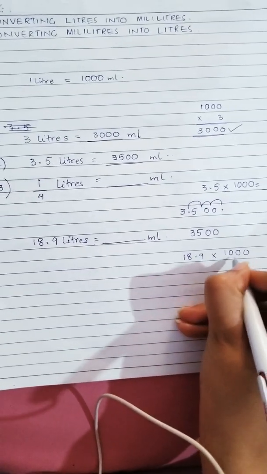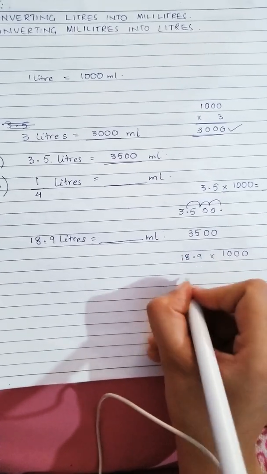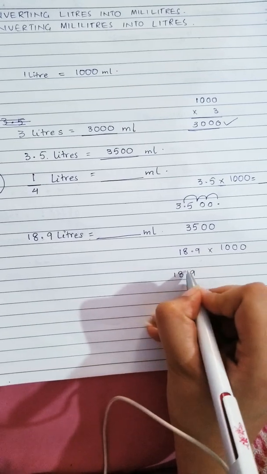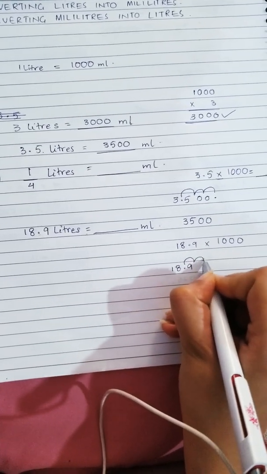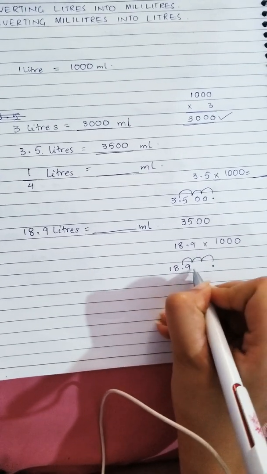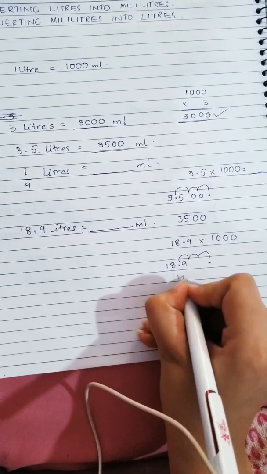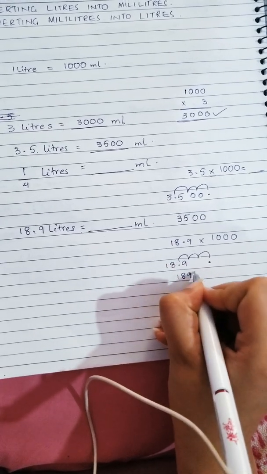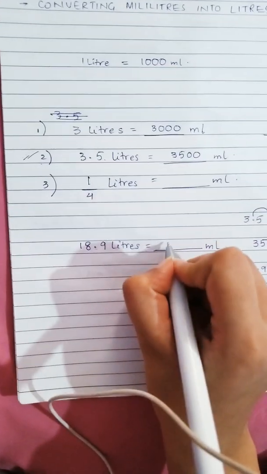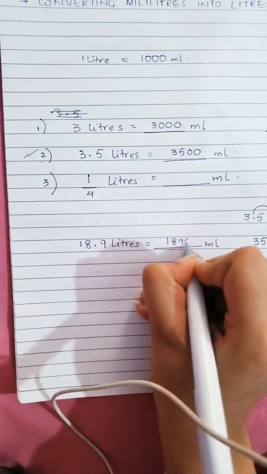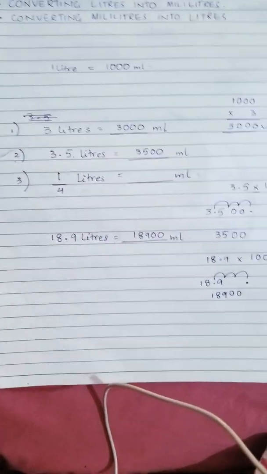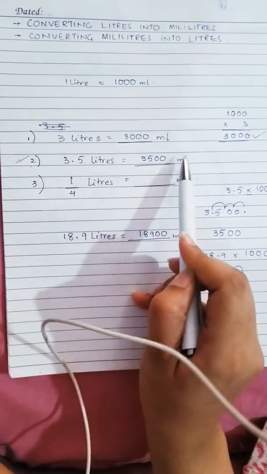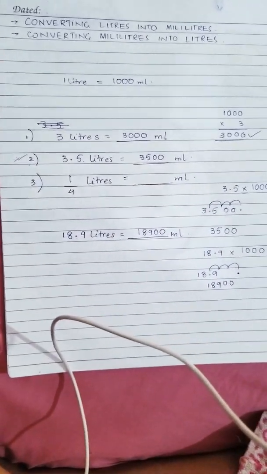Again, similarly, there are 3 zeros here as well, so the decimal will move 3 positions to the right, which will be 1 2 and 3, right? And you're going to fill in zeros in the rest of the places. So you will have 18900, right? So this is how you convert if you have decimals and if you want to convert them into milliliters, right?